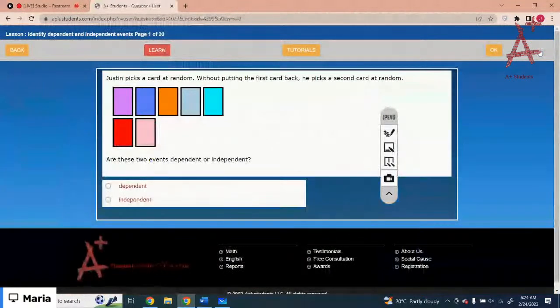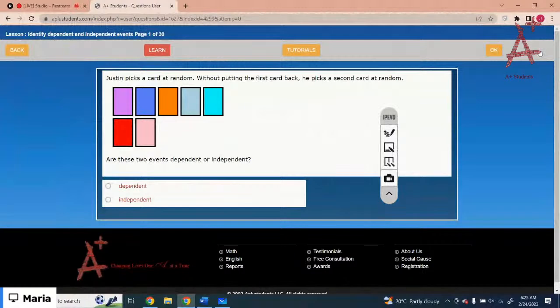He picks a card at random. Without putting the first card back, he picks a second card at random. Are these two events dependent or independent? You have two events. He picks a card at random and doesn't put the first card back. So when he selects the second time, he has one card less.